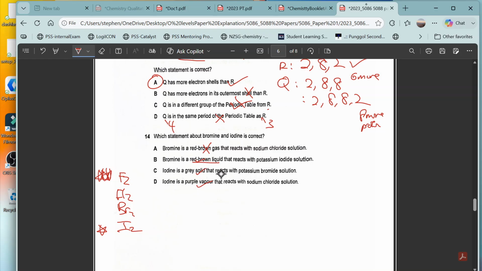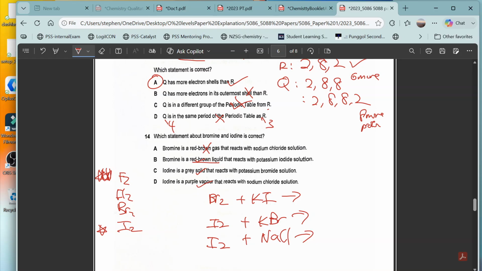Bromine is a red-brown liquid, so I put bromine that reacts with potassium iodide. How about C? Iodine is a gray solid that reacts with potassium bromide. And iodine is a purple vapor with sodium chloride. I have written these down, so let us see which one is correct or wrong.